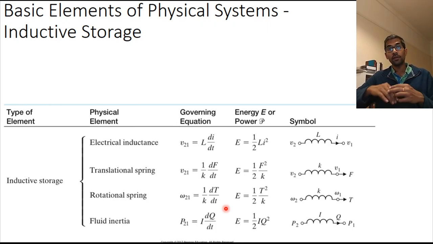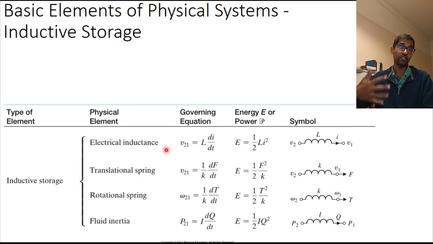So, based on this analogy, let's explore it a little bit more. If you have an electrical inductance, you know the governing equation, and corresponding to the electrical inductance and the energy storage in an inductor, in other physical systems, you have a spring or a rotational spring or fluid inertia, and they mathematically behave very similar to how an inductor behaves in the electrical domain.